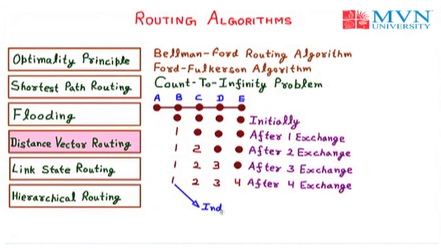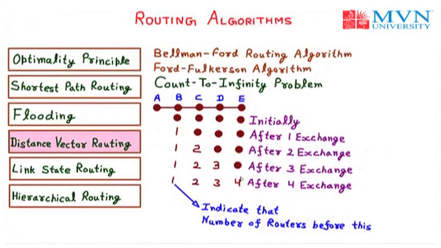So all the values indicate the number of routers before them. The value of E is 4 because we have 4 routers, A, B, C and D, before it.